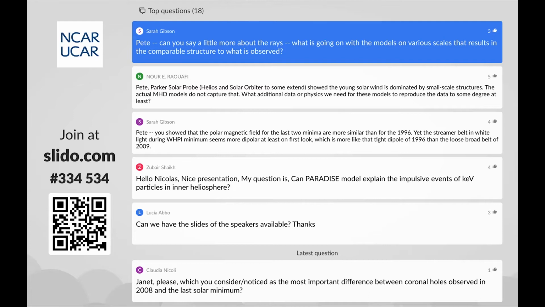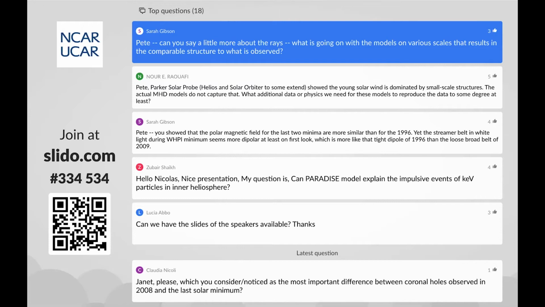Sure. Yeah, I think we're going to end up finding out that, in fact, it's not necessarily the location as much as the signal to noise ratio that matters, right? A lot of the reason these are visible in WHPI is that WHPI is closer, and so it gets more photons from the rays. But beyond that, I agree with you that these look like veils.